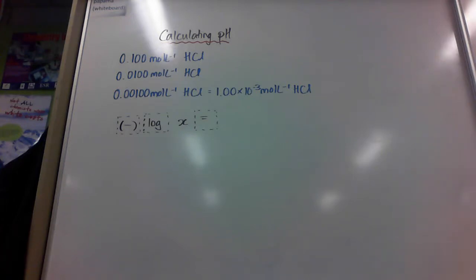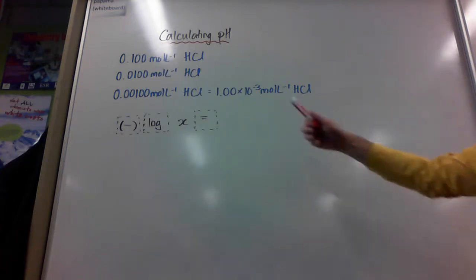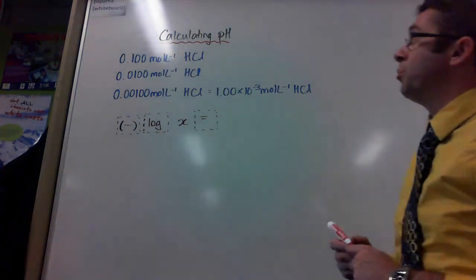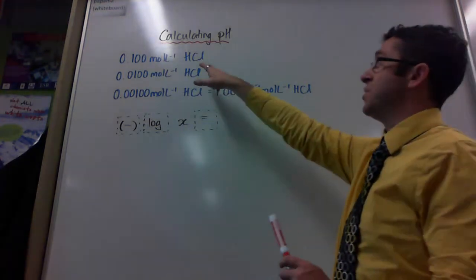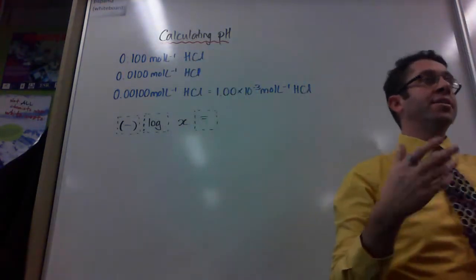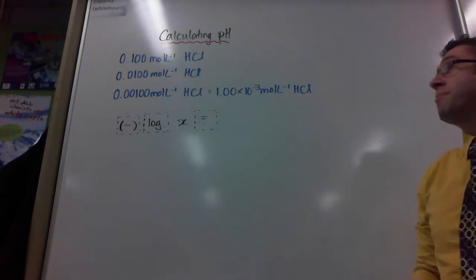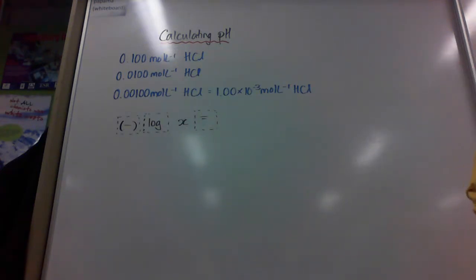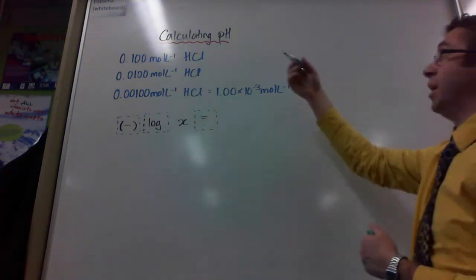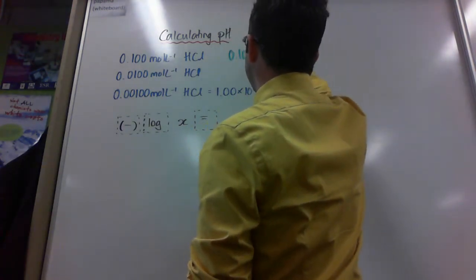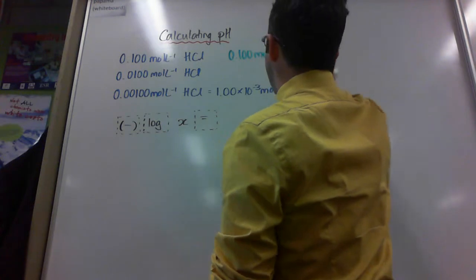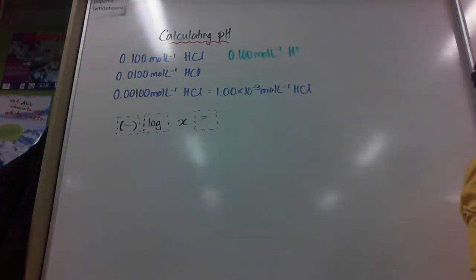Actually, possibly three. So the first one here is a 0.100 mole per litre solution of hydrochloric acid. Hydrochloric acid only has one H plus in its formula. So that means that there's going to be 0.100 moles per litre of H plus ions made when it reacts.